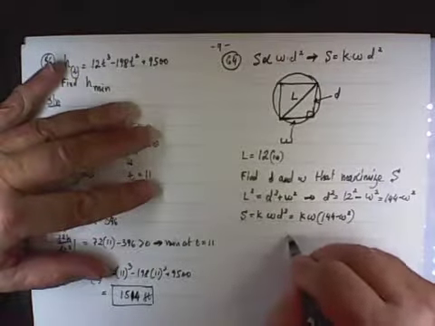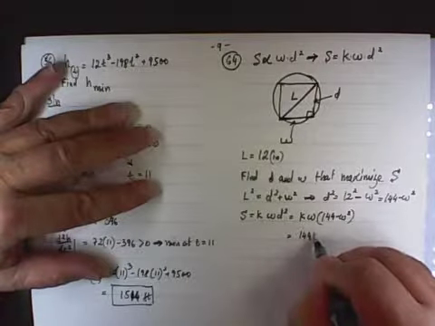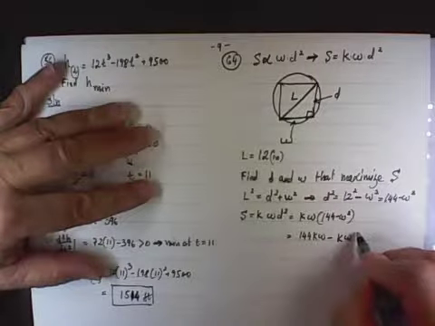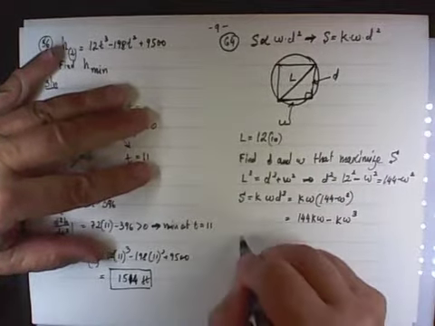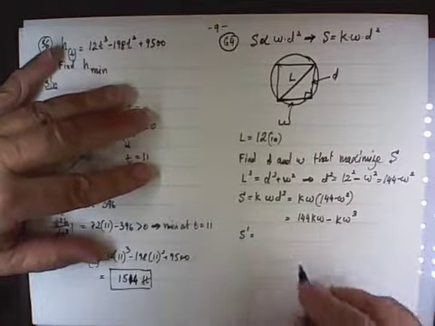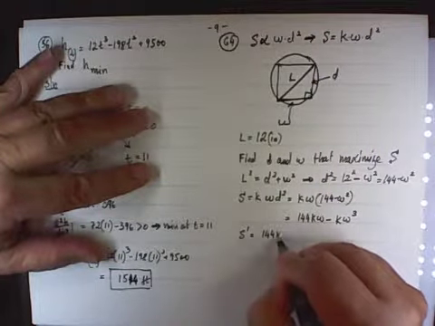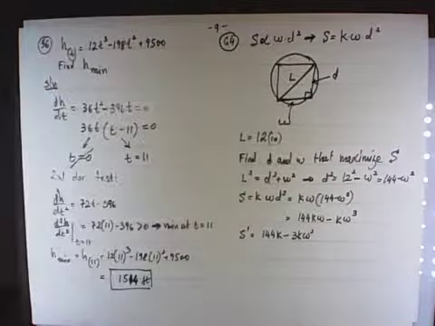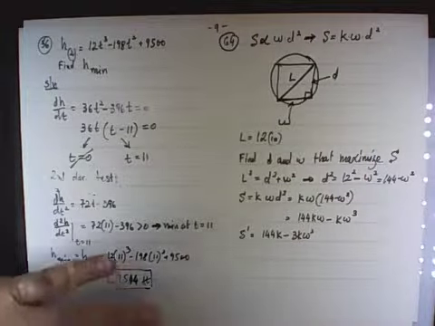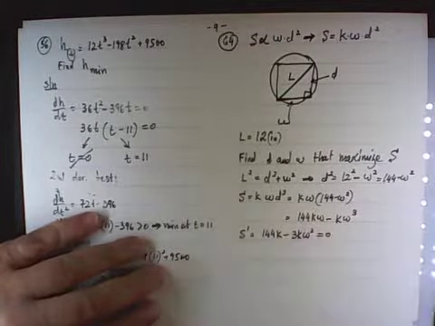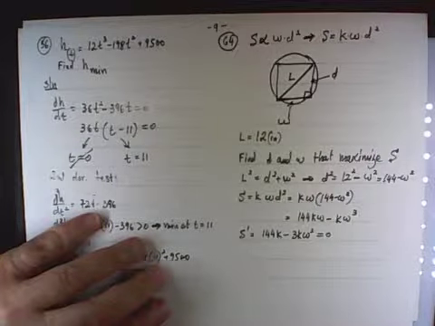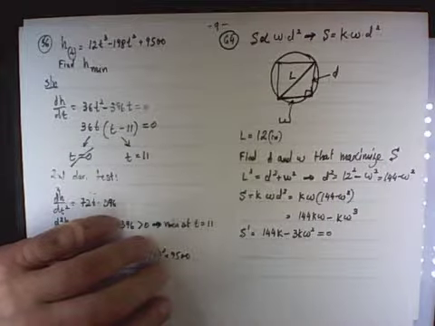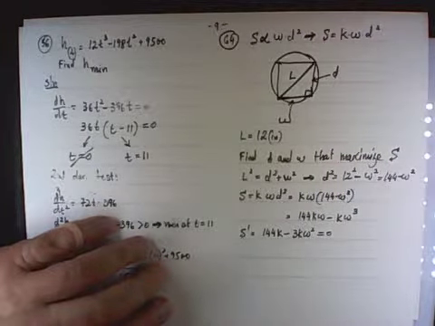So the target function equals 144KW minus KW cubed. And we take now the derivative. S prime will be 144K minus 3KW squared, right? We let it equal 0, and we can now divide everything by 3K. 144K divided by 3K is 48.